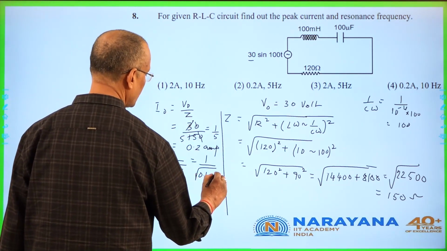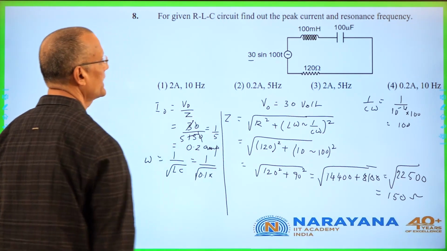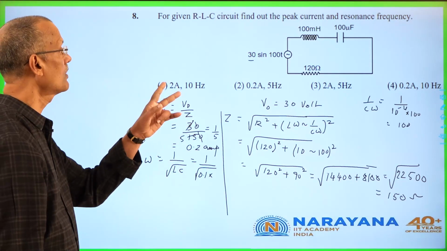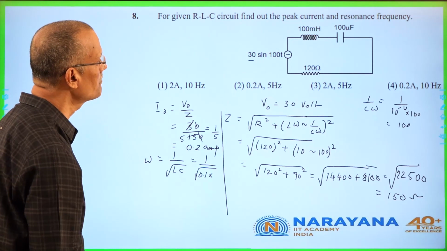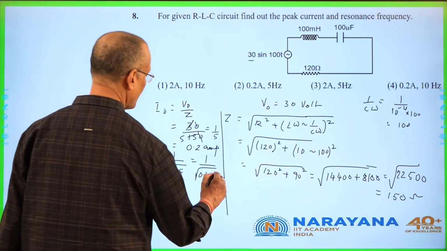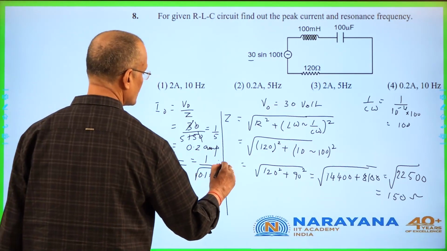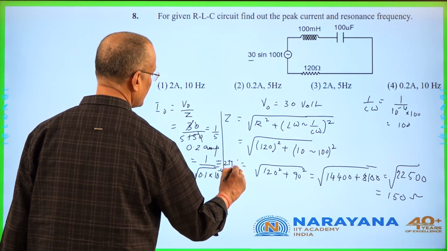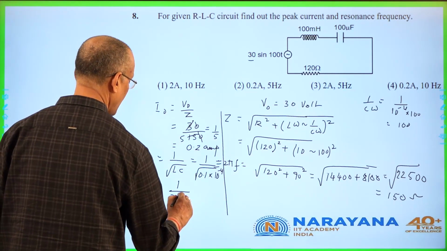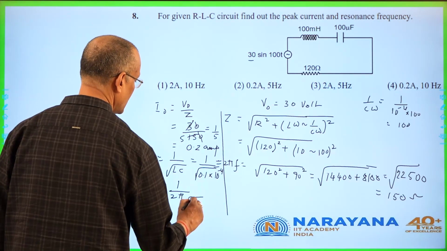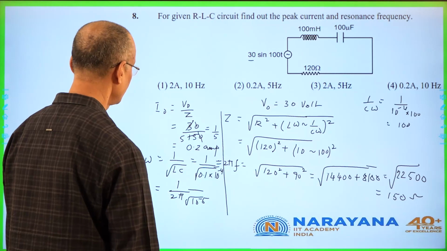So omega you have 1 by root LC, and this is equal to 2 pi f. Directly if I want, I can take the formula for frequency, 1 by 2 pi root LC. It will become 10 to the power minus 5.